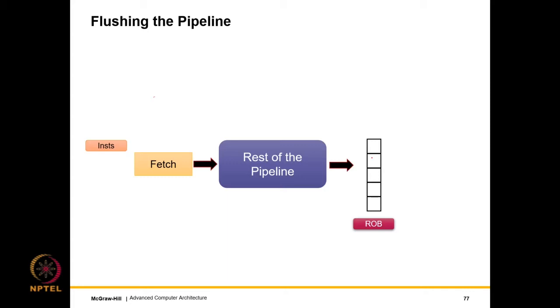This animation will nicely show you all the processes that are involved. Initially we fetch an instruction, and at decode time it is added to the reorder buffer. If we fetch 5 instructions, as we are doing right here, they are getting added to the reorder buffer.